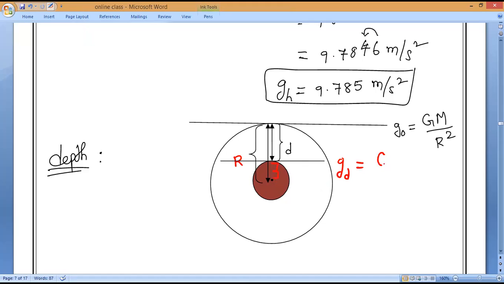Capital G into capital M divided by what, guys? R minus the whole square. Yes or no? Yes, sir. Divya, have you understood this one? Yes, sir.